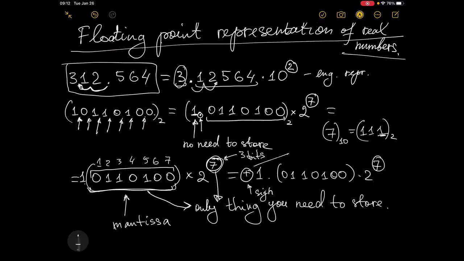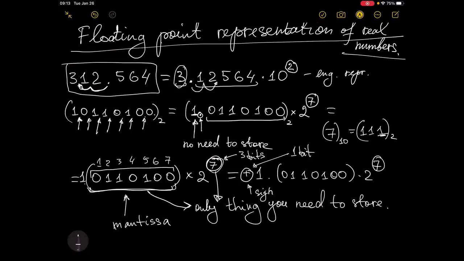And how many bits do we need to store the sign? How many values can the sign take? It's only plus or minus, 2 values. So in order to store either plus or minus, how many bits do we need? Just 1 bit.